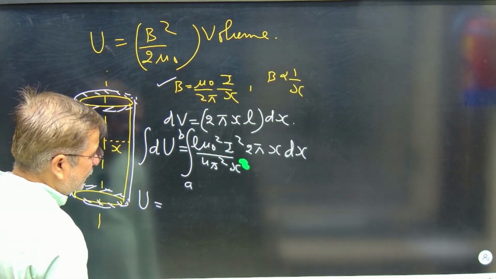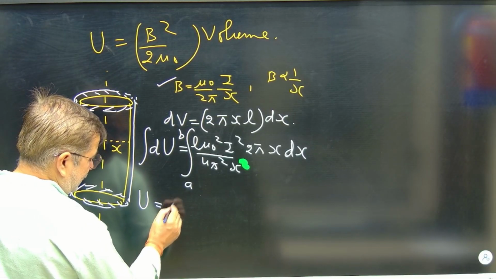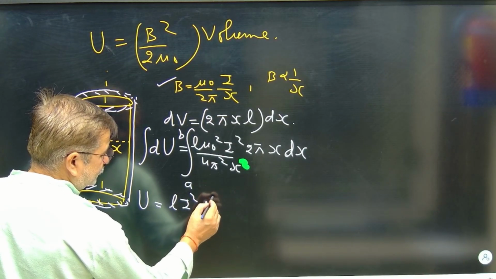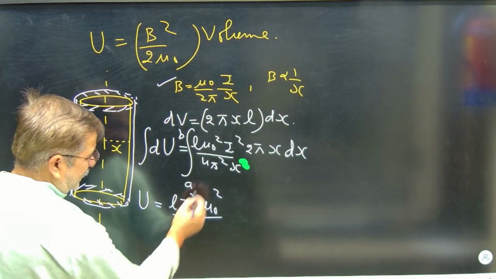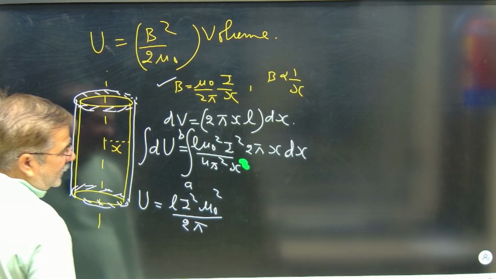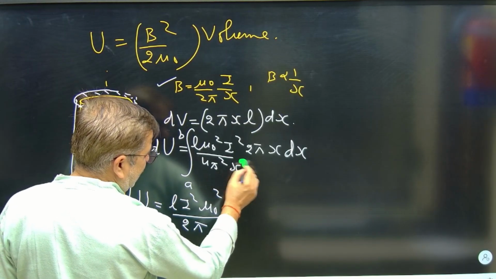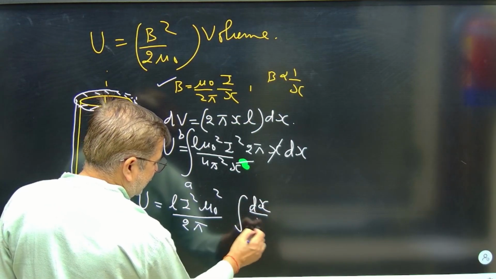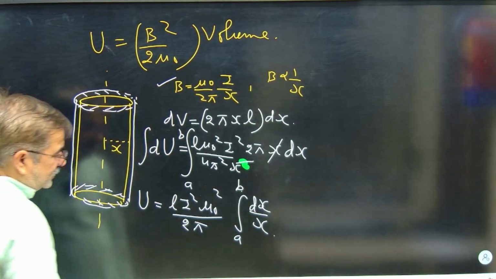U is equal to, just see what we get: L into I square into mu naught square upon 2 pi, and in this term, one of the x got cancelled from the x square, so we get the integration of dx by x, which I will integrate from A to B. The rest of the terms come here.